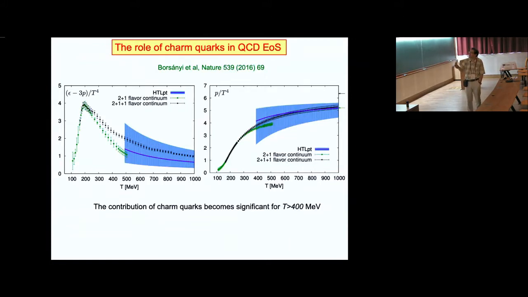These are figures I took from this paper, and the results have been published in this paper. Here I show the trace anomaly as a function of temperature, calculated with 2+1 flavors and 2+1+1 flavors, both continuum extrapolated lattice results, compared with hard thermal loop perturbation theory, which I guess in that case was just a 3 flavor calculation.